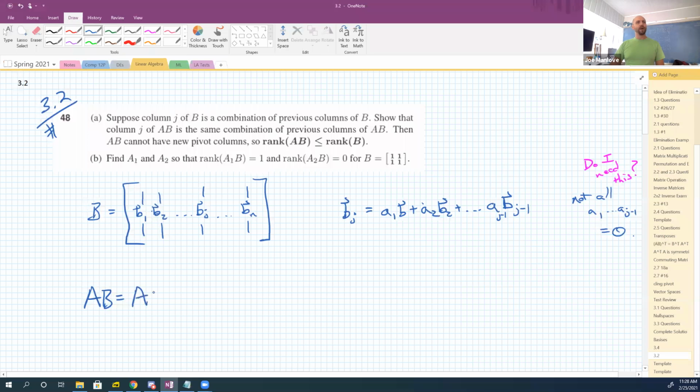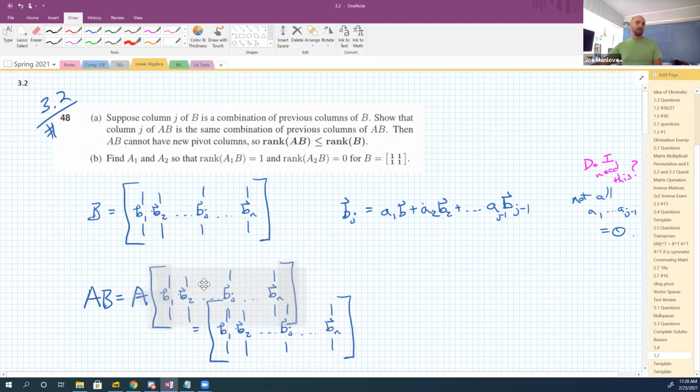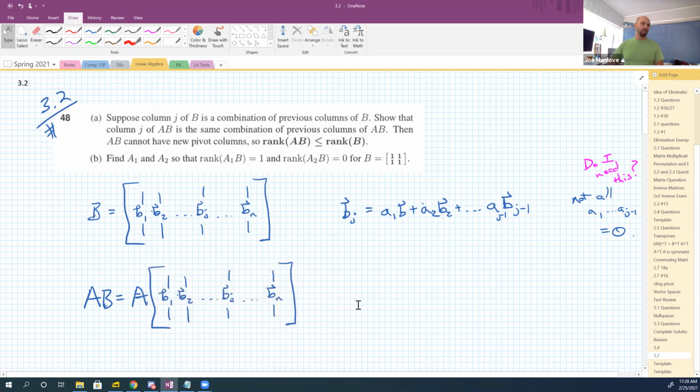Okay, so if I do A to a matrix that looks like this thing, all right, so if I do A to this kind of matrix of B columns, what do I get?